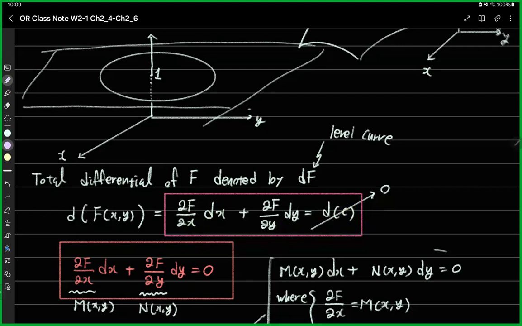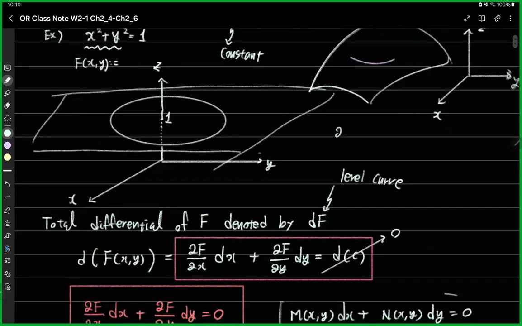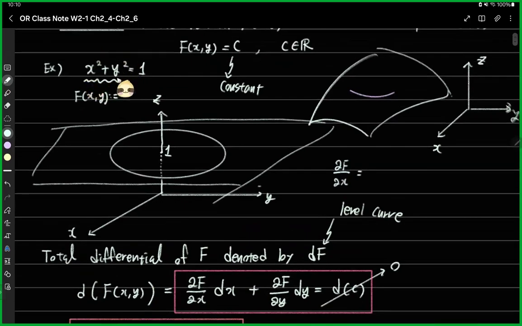Applying this to the example x squared plus y squared is 1: partial f partial x. When you take a partial derivative of f with respect to x, we consider all other variables as constants. So the derivative of x squared with respect to x is 2x, and the derivative of y squared with respect to x is 0.